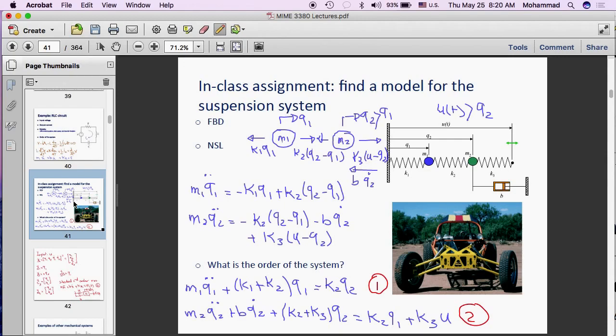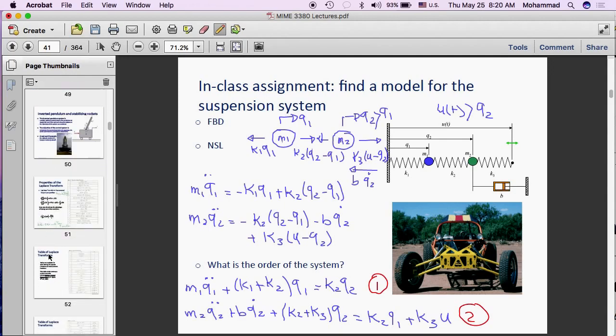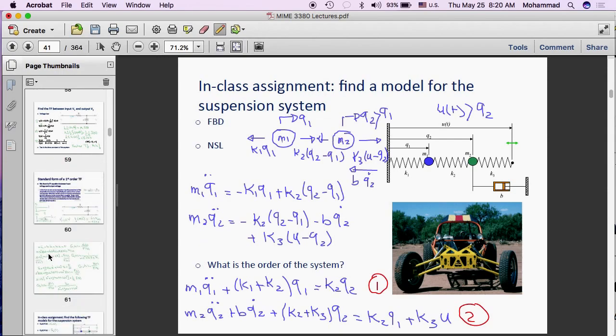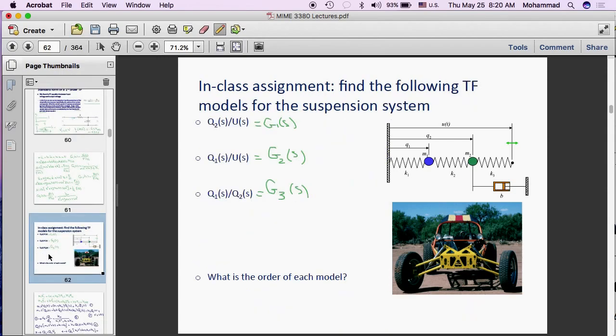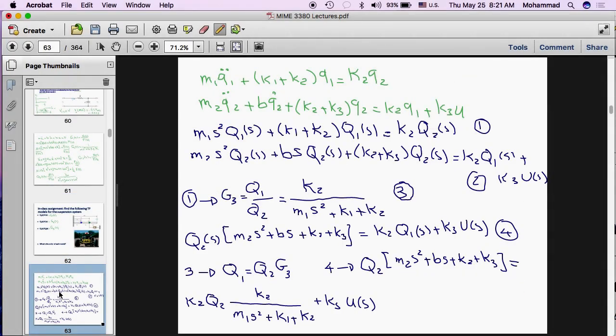Now, the second method of modeling involved what? What was the second approach of modeling? It was called a transfer function model. And the benefit of the transfer function model was you can get to the exact behavior that you wanted. So we were able to find three different transfer functions.